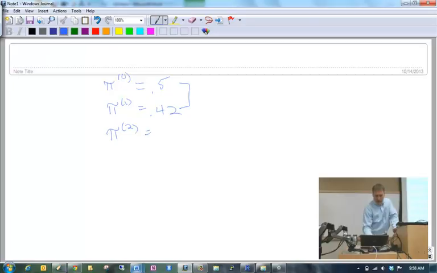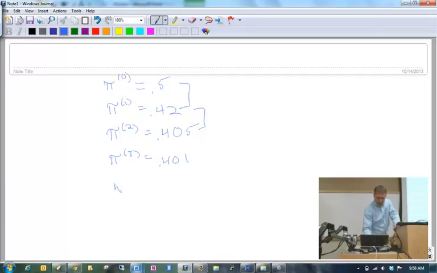Let's say at step 2, I'm at maybe 0.405. And you look at the previous 2 iterations: are they close to one another? If they are, stop. If not, keep on going. I'm going to keep on going here.